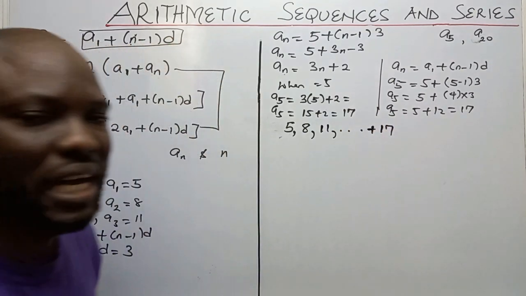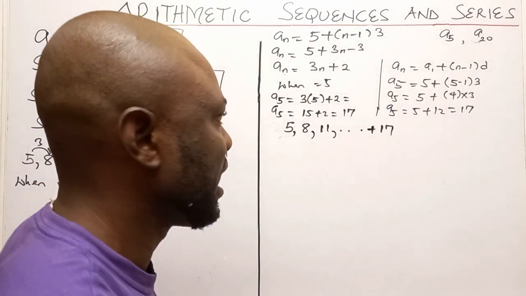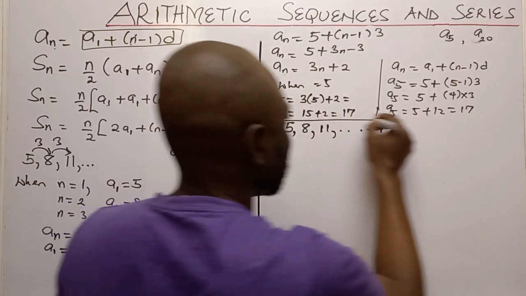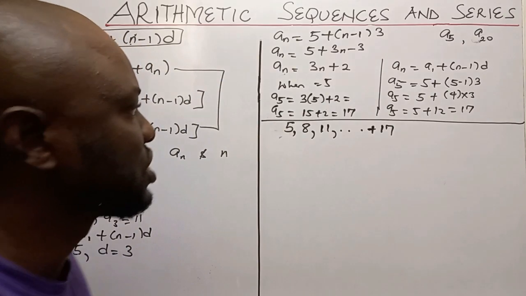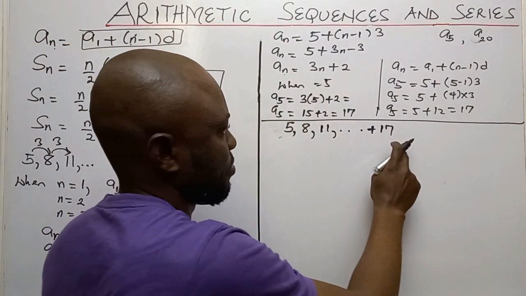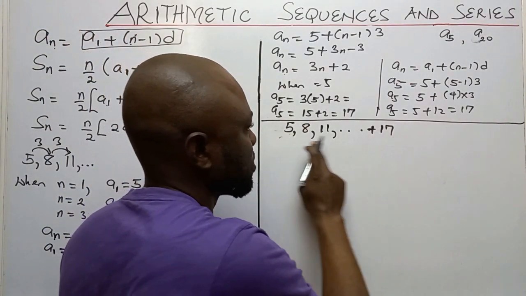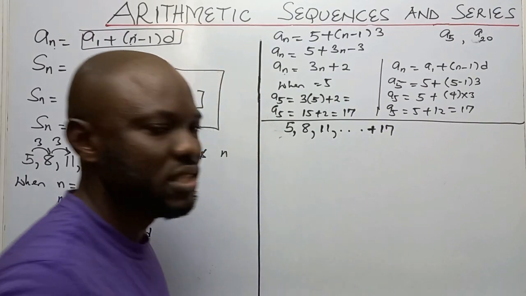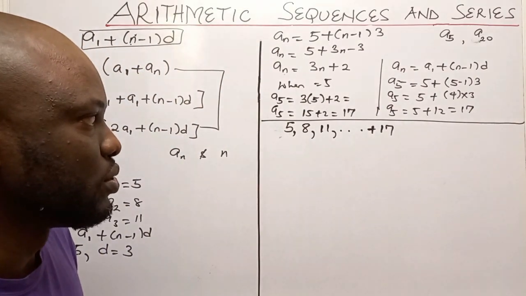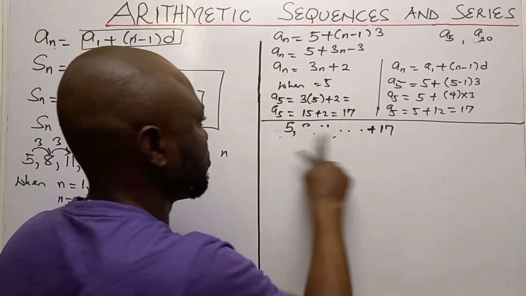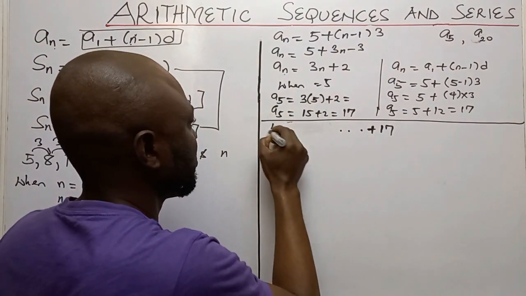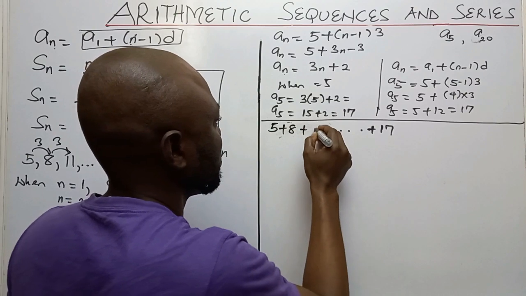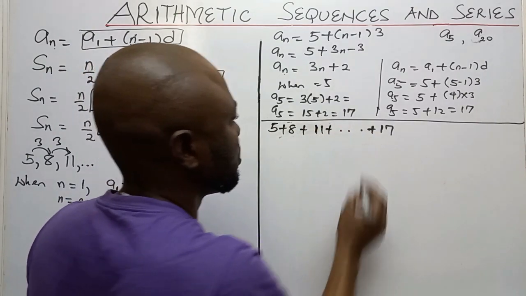Let's just presume that. And let's say we have this question, and the question says we should find the sum of this sequence. The sum: 5 plus 8 plus 11 plus dot, dot, dot.